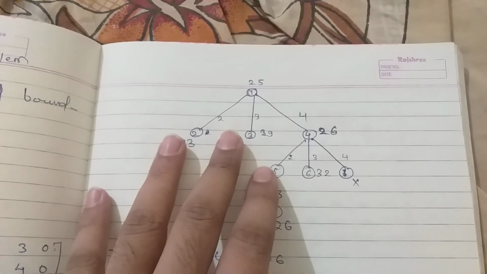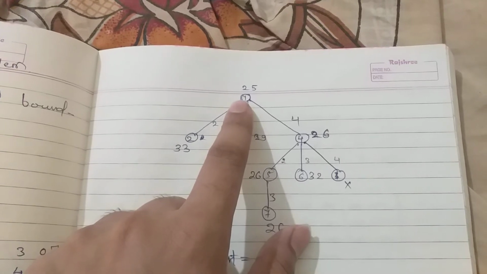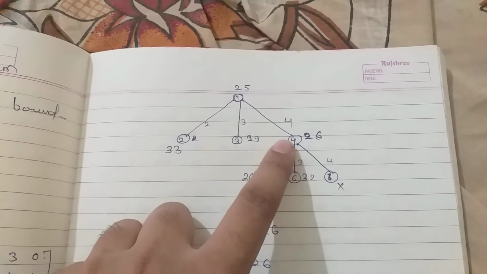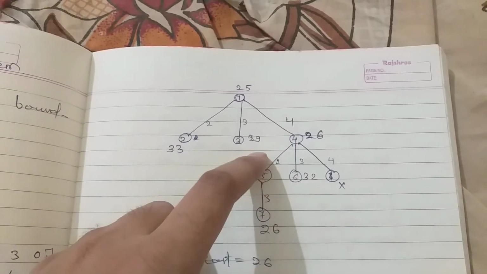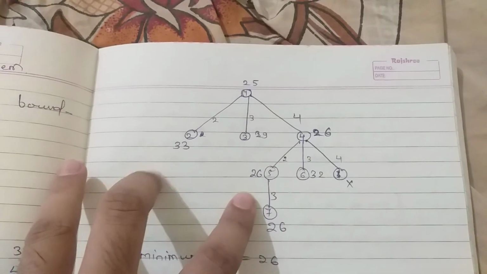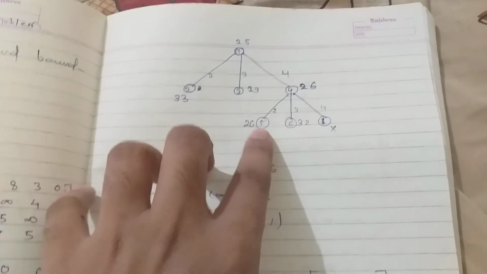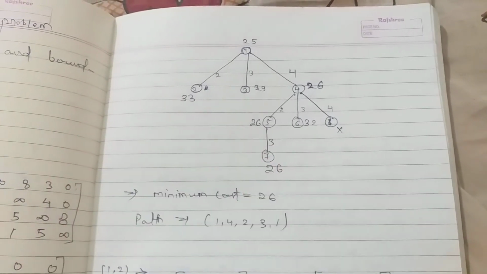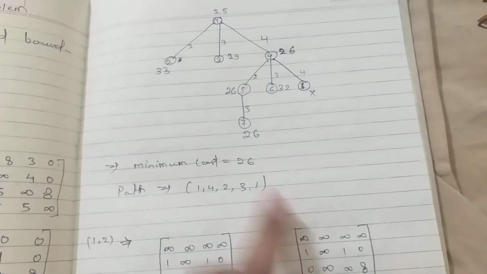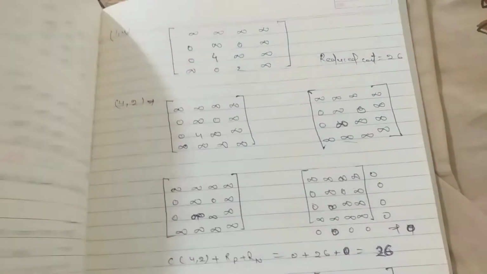As we all know, there were 4 vertices in the graph, and we have visited vertex number 1, vertex number 4, vertex number 2, so only vertex number 3 is left. There is only one possible case for vertex number 3, so we will solve from 2 to 3.